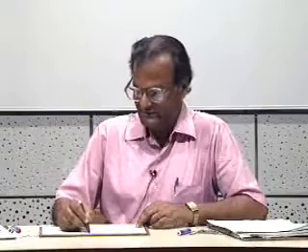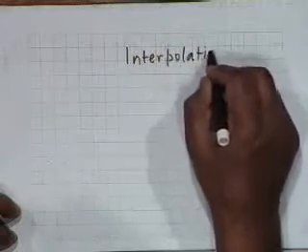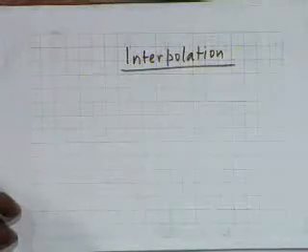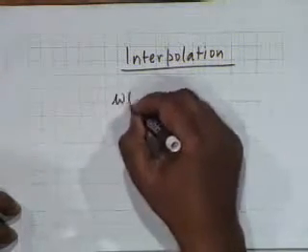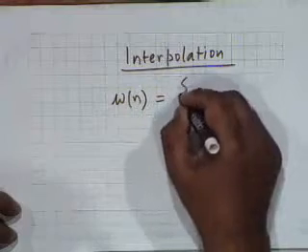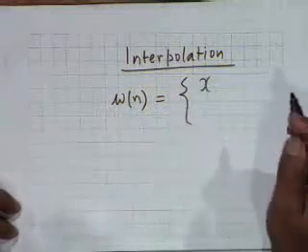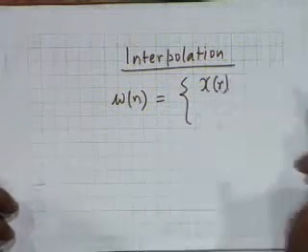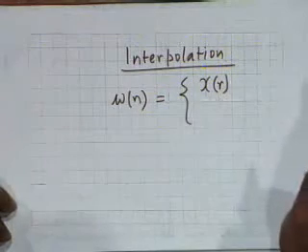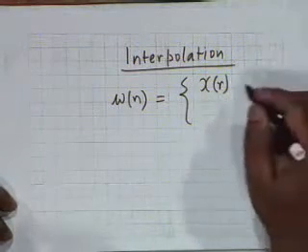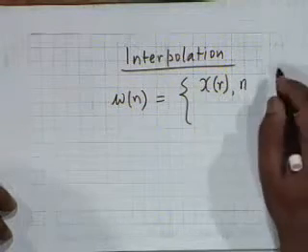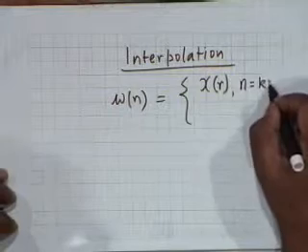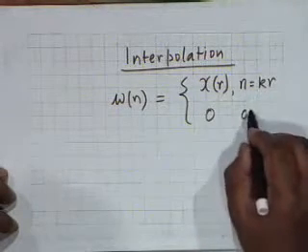And like DTFT, there is also a theorem for interpolation. Interpolation theorem is stated like this. Consider a sequence w of n which is derived from a sequence x of n by this relation, that is w of n is x of n by r, if n equals kr, and it is 0 otherwise.